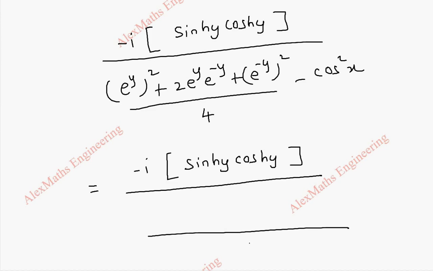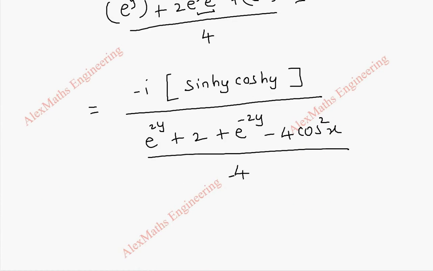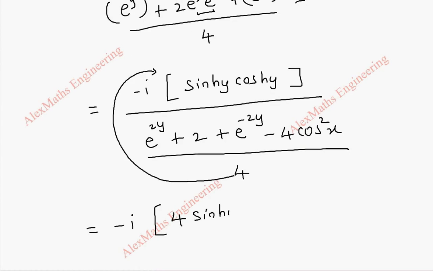Now the LCM is 4. First term is e power y whole square is e power 2y, and second term this becomes 1, so we are left with only 2, and this is e power minus 2y. After taking LCM, minus 4 cos square x. Then this 4 will be multiplied with the numerator, so minus i into 4 into sinh y cosh y whole division.